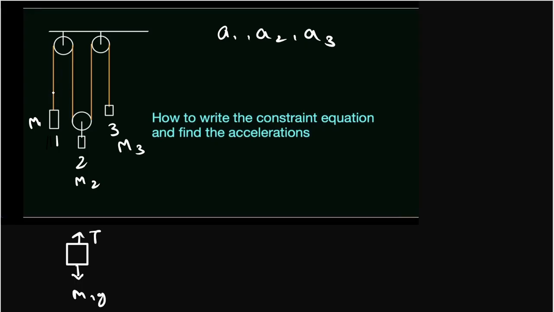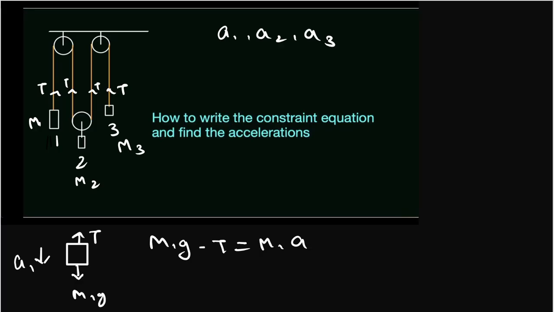If tension is T here, then here also tension will be T, here also T, here also T. We assume this block is going down with acceleration A1. So we can clearly write M1G minus T is equal to M1A1, since net downward force is M1G minus T.